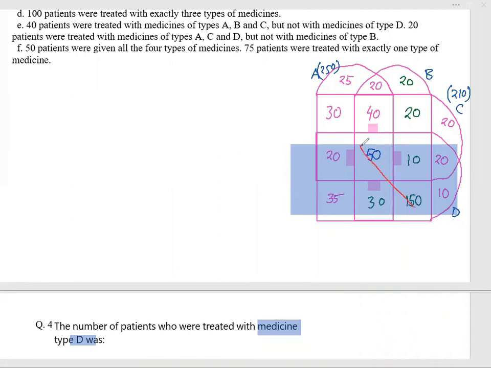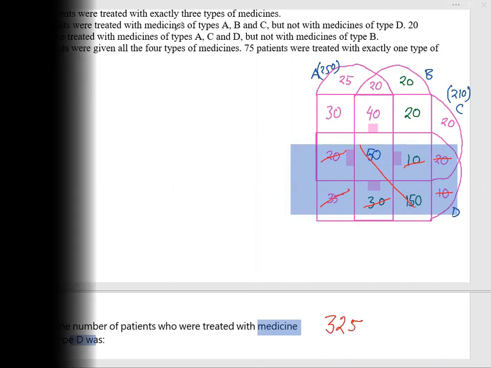This is 200, then 20, 10, 50, means 250, 250 and 40. That means 290, 290 and 35. That means 325. So this result will be 325, the answer for this question. So once this Venn diagram has been completed, it would be easy to answer all of the questions.